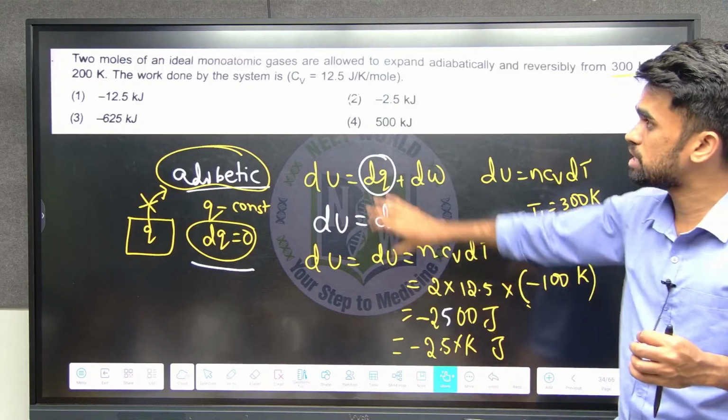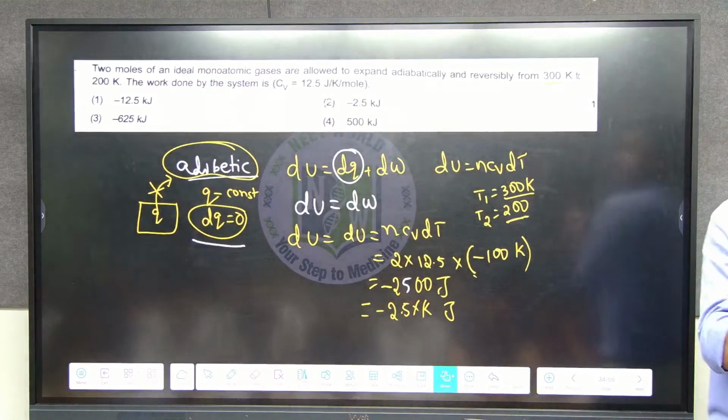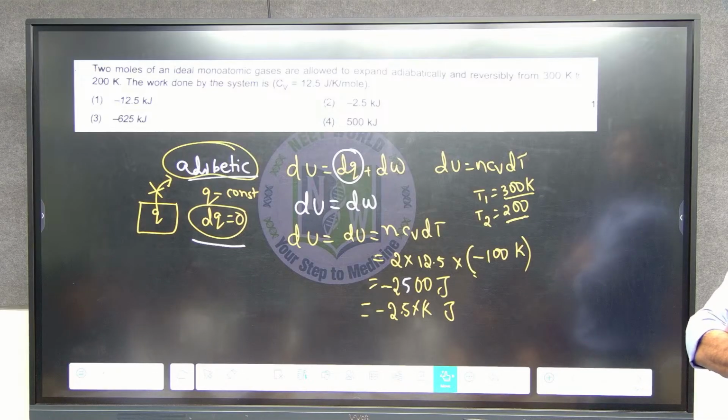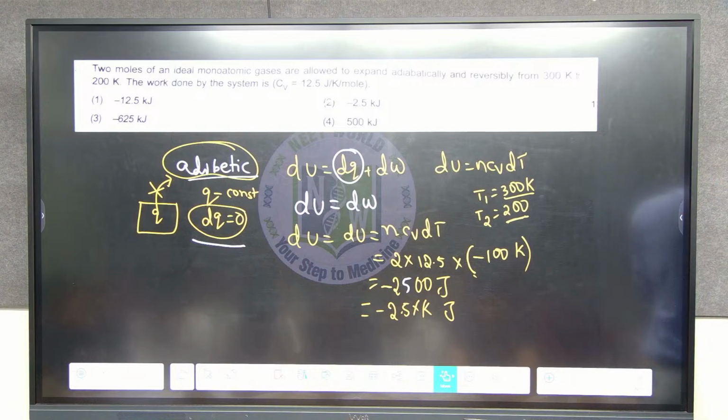Write one more question now. Four moles of monoatomic ideal gas allowed to expand from 400 Kelvin to 350 Kelvin.